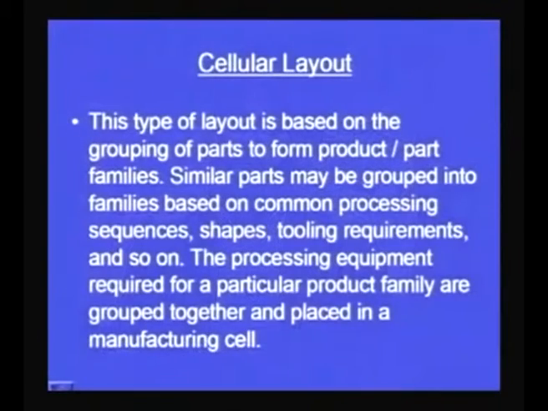The processing equipment required for a particular product family is grouped together and placed in a manufacturing cell. Now, once we have made the part families, the machines, tools or equipment required for that particular product family are grouped together and placed in one particular cell.